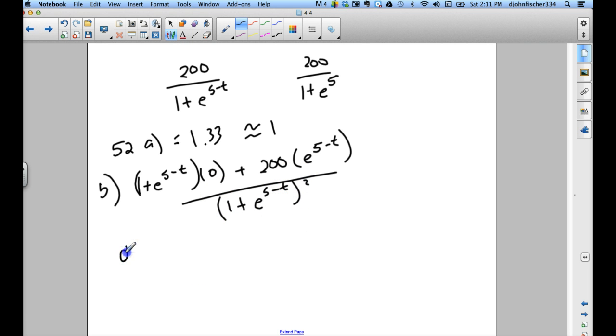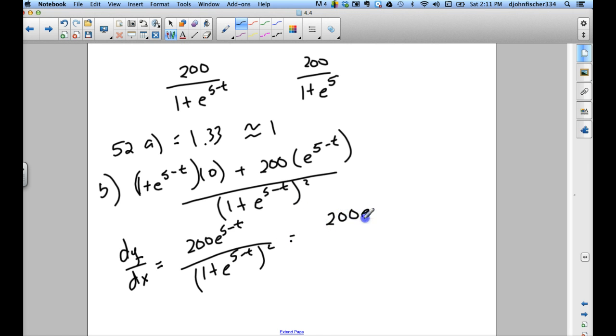So my derivative, dy/dx, is equal to 200 e to the 5 minus t over 1 plus e to the 5 minus t squared. So then it says, how fast is it spreading at 4 days? Well, we're going to plug 4 in there. So 4 days, we're going to have 200 e to the 5 minus 4 over 1 plus e to the 5 minus 4, which is 1, squared.